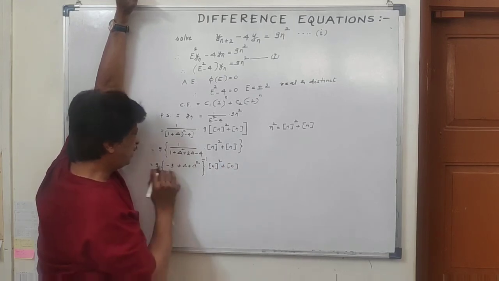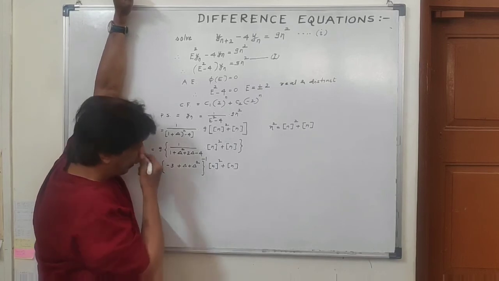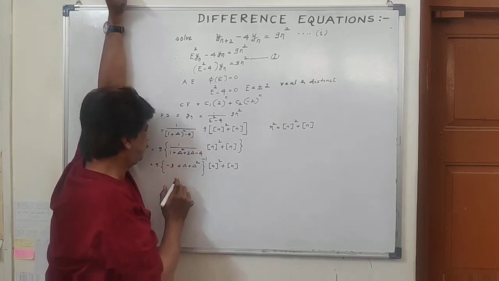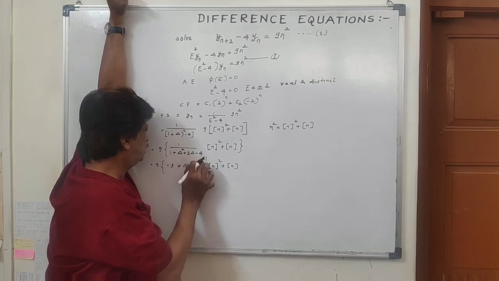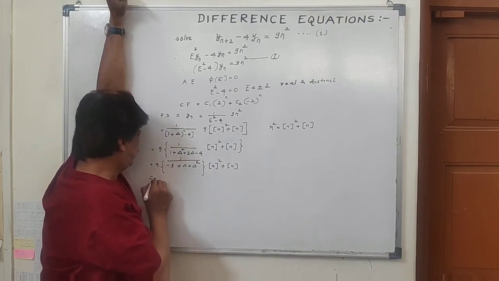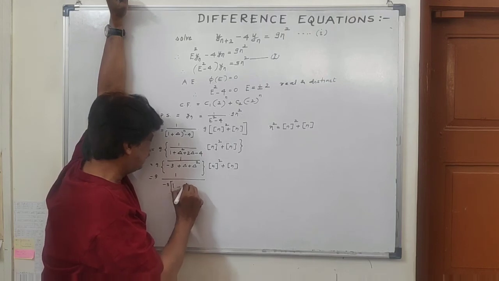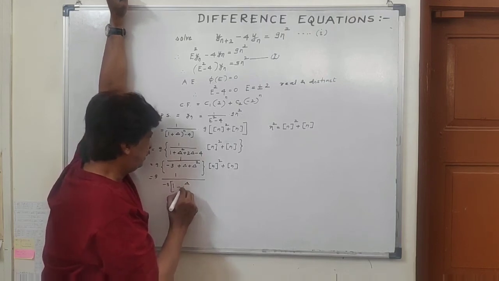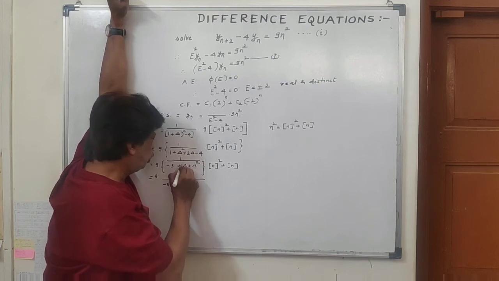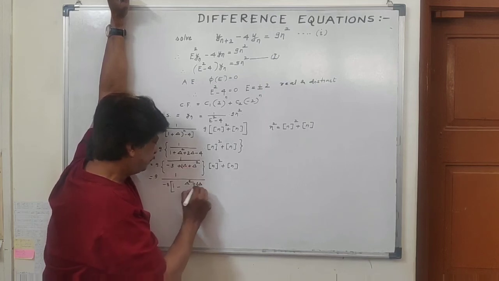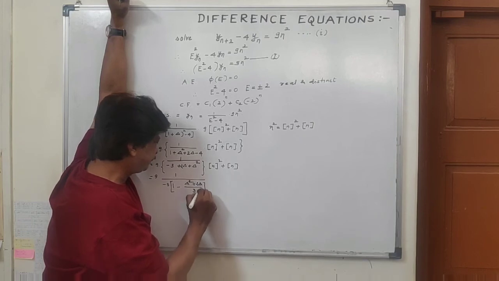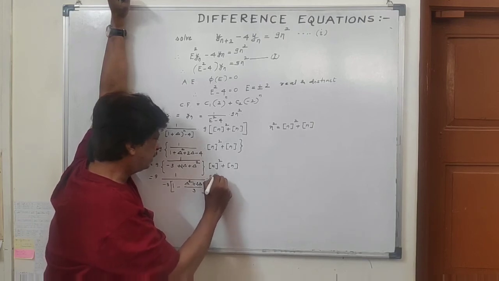Now, I shall express this in the form of 9 into 1 upon, I shall take out minus 3 common from this. So it is equal to 1 minus delta square plus 2 delta upon minus 3 operating on n square plus n.